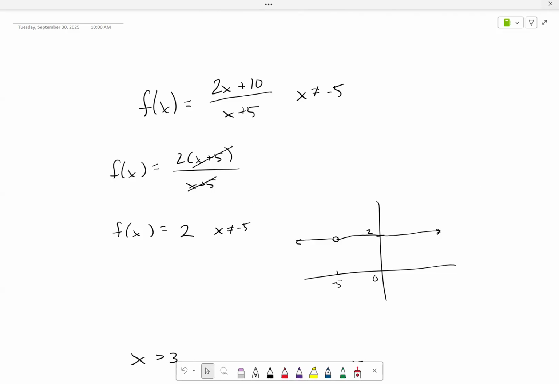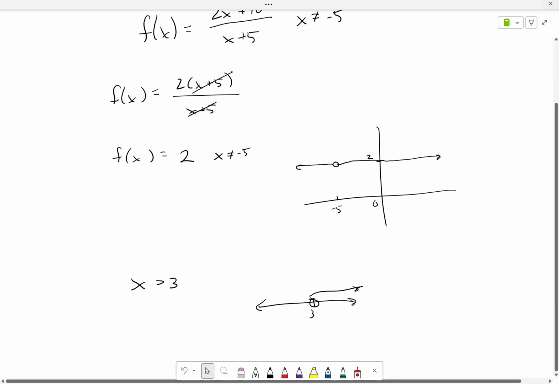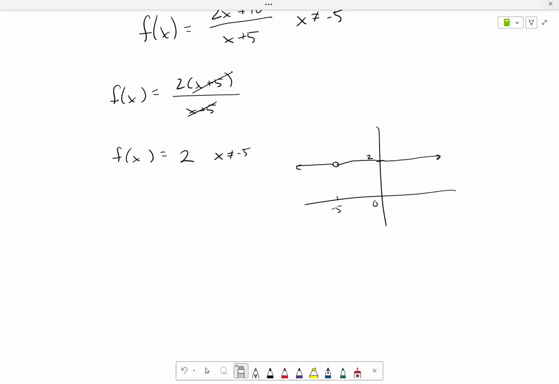How about end behavior of this function? Discuss with your neighbor what the end behavior is. Is there end behavior? Oh, I know. It wouldn't change.